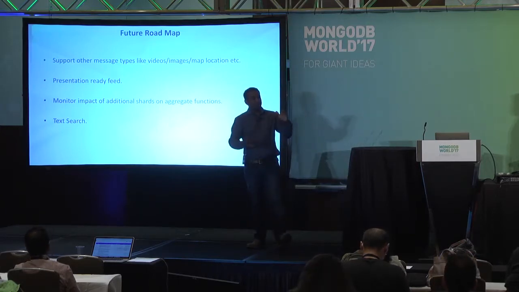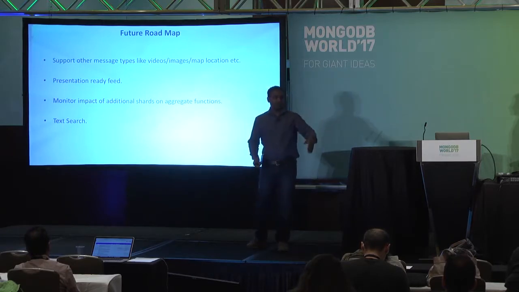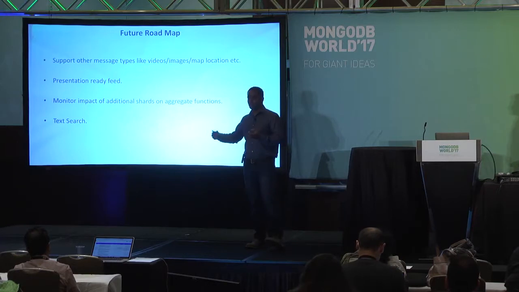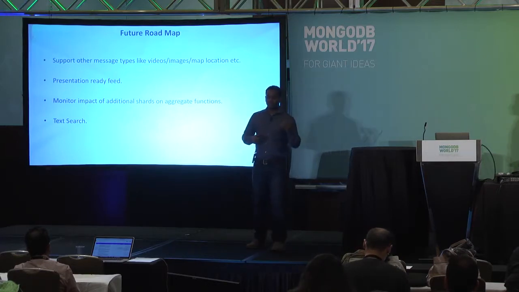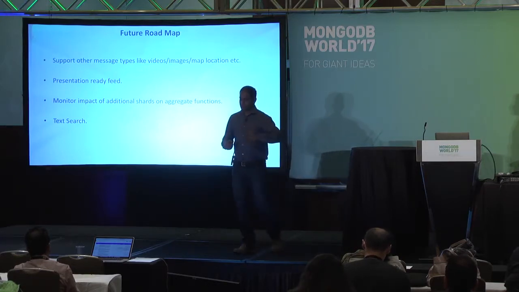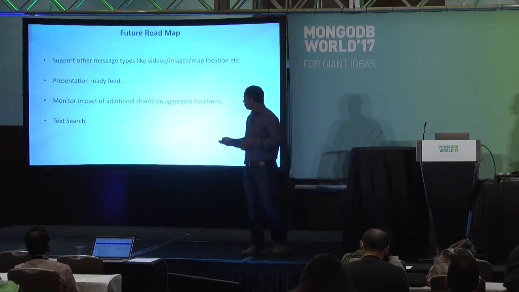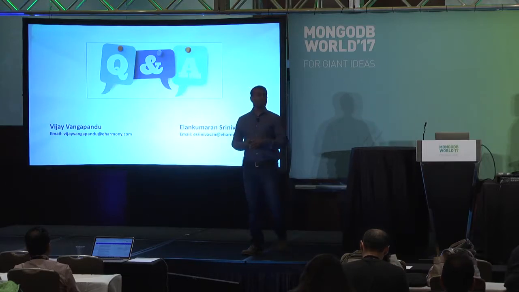So we get all the matches from a different store, which is HBase, and then we enrich that with recent messages from MongoDB. But we wanted to create the presentation-ready feed to reduce the response times further. So we are considering MongoDB Atlas for that as well. So with that, we are open for questions.